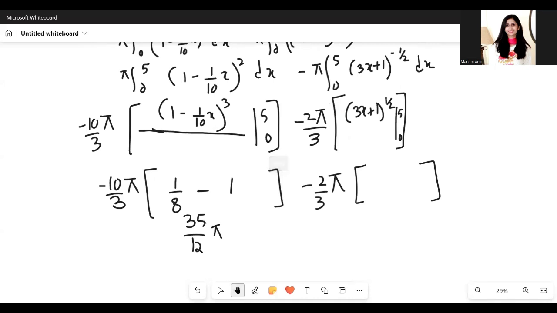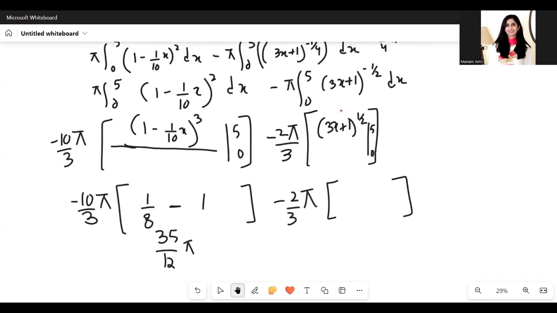Substituting 5 gives us 3 times 5 plus 1 is 16. 16 power half is 4, so we get a 4. And then minus, when we substitute 0, we get 1 power half, which is 1. So this becomes just 3. And when we multiply it with negative 2 pi by 3, it just becomes negative 2 pi.